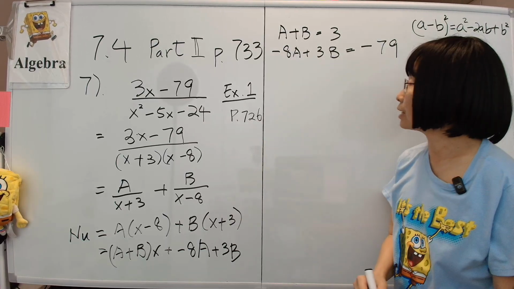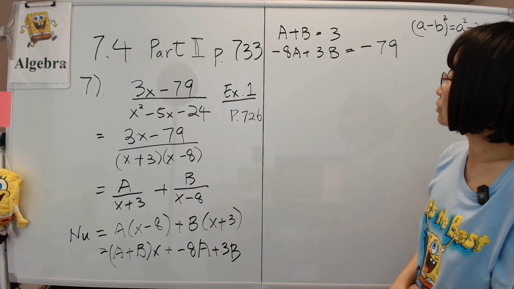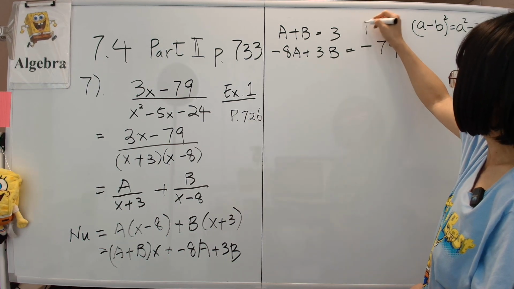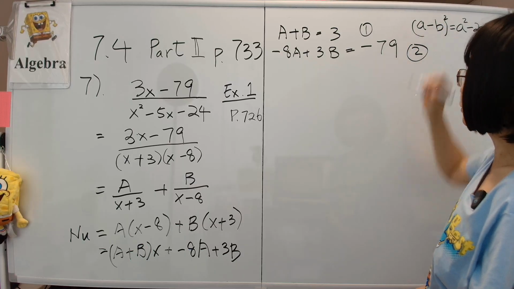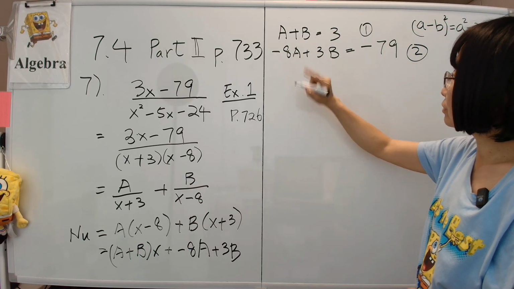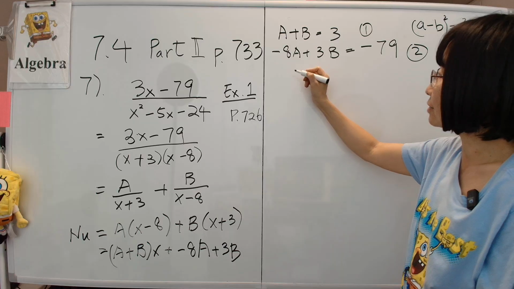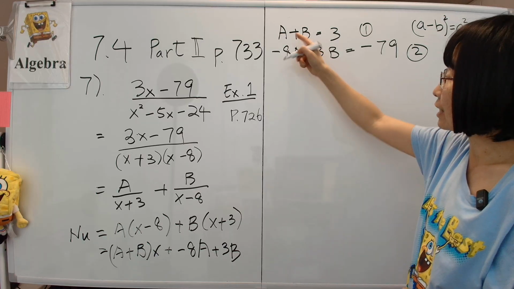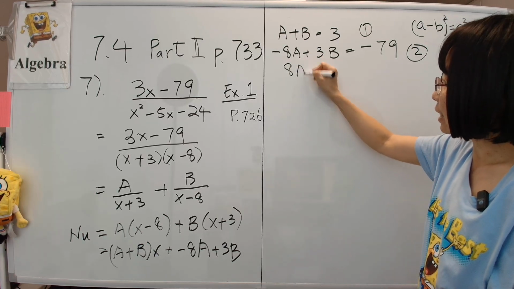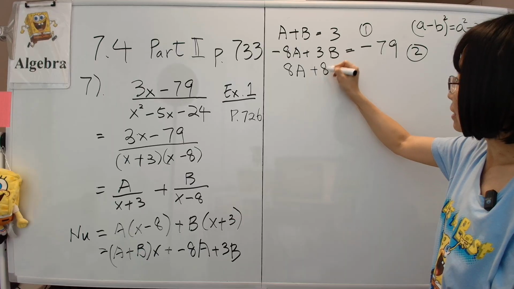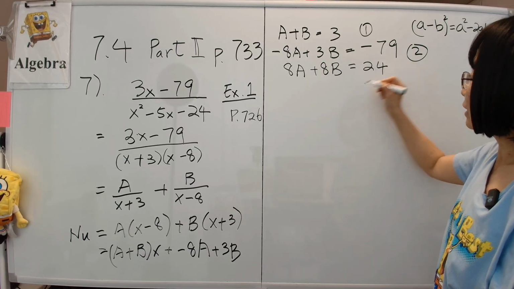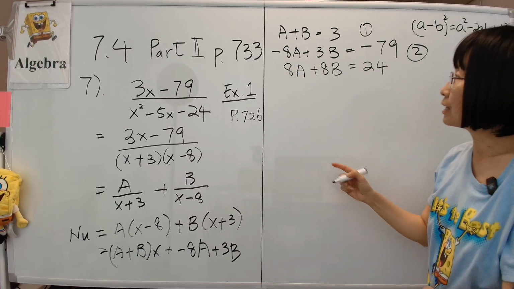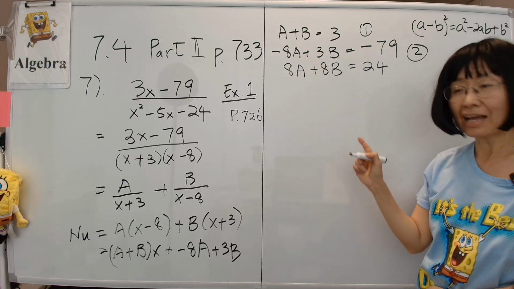Okay, we'll call these equation 1 and equation 2, and we're going to do our simplification trick. Let's multiply equation 1 by 8. Equation 1 times 8 gives us 8a plus 8b equals 8 times 3, which is 24. Then we add these things together, and the a terms disappear.